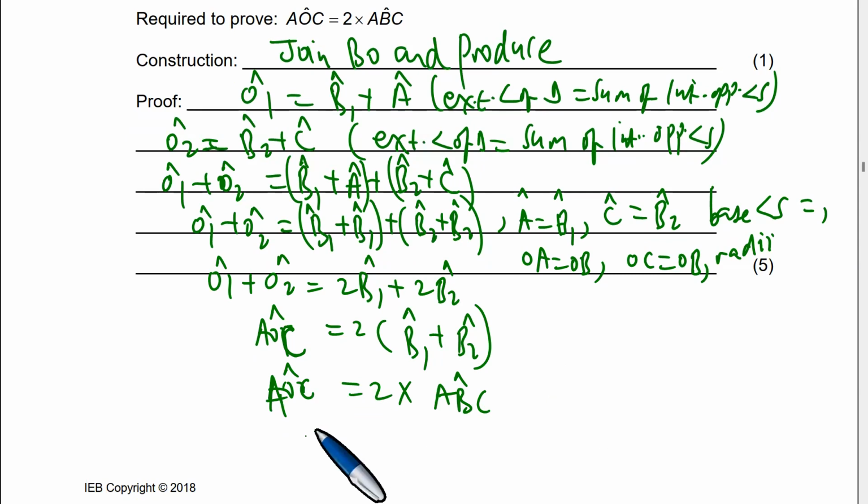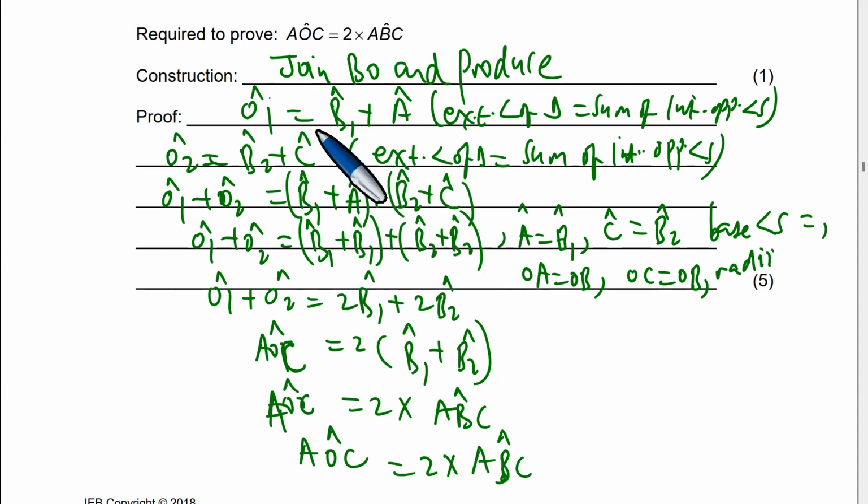So we're effectively saying angle AOC equals 2 times angle ABC. It's exactly this part. So AOC is 2 times angle ABC.